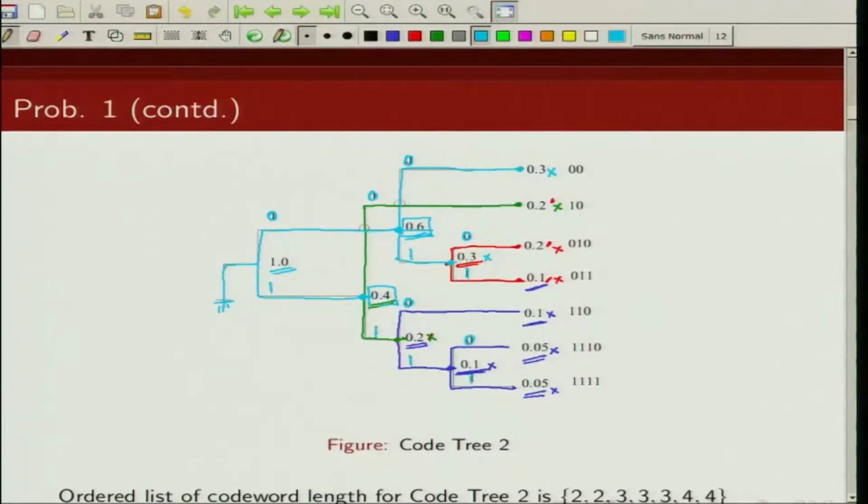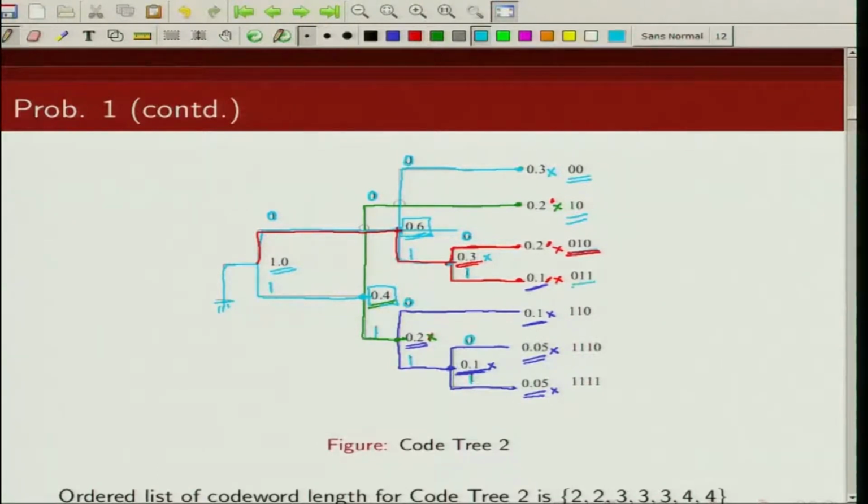If we do that, we get the code word for this particular symbol as 00, for this one 10, this one 010. Again you can check. For example, this is 0, then this is 1, and this is 0. That's why you're getting 010.